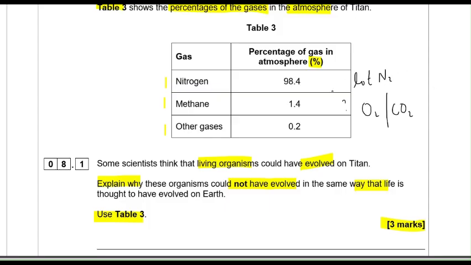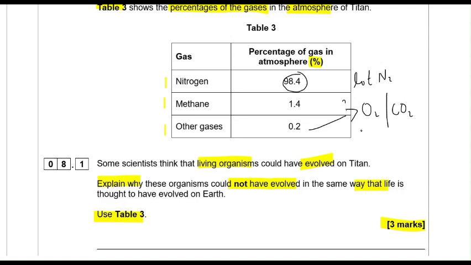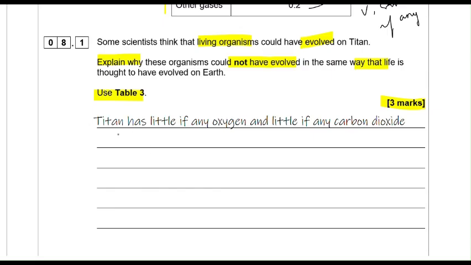So let's look at table 3. There's obviously a lot of nitrogen, and let's look at the other gases. We must assume that these would maybe include oxygen and carbon dioxide, but they're in a very small proportion and there's hardly any, if any. So let's get some ideas down. Titan has little, if any, oxygen and little, if any, carbon dioxide.